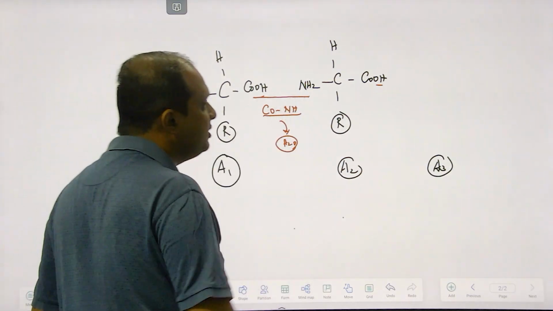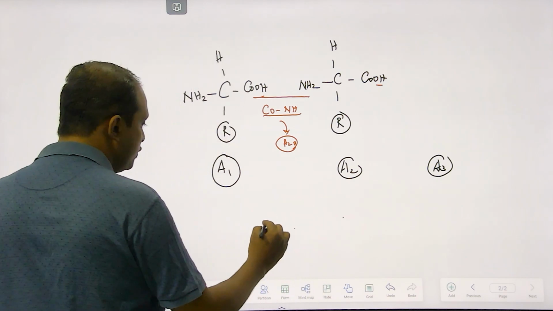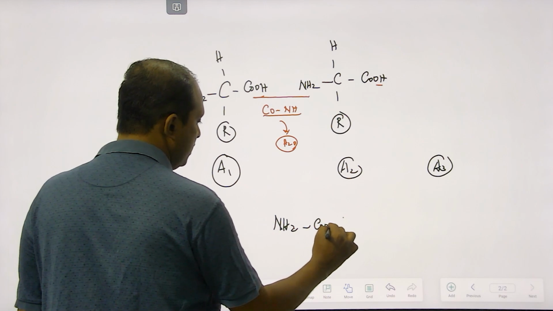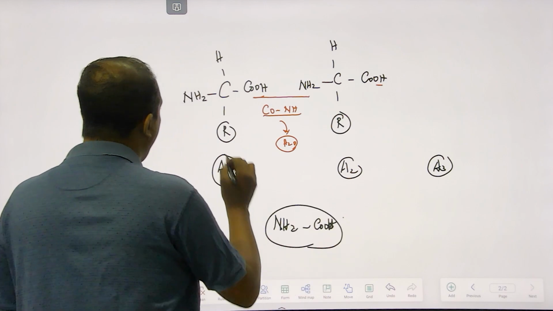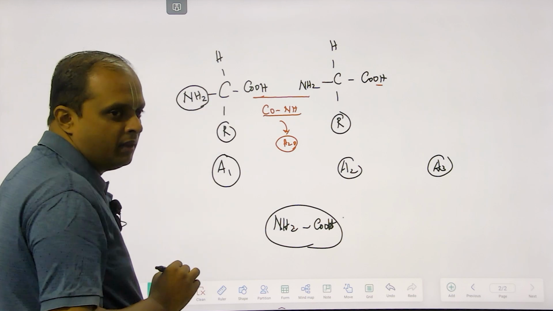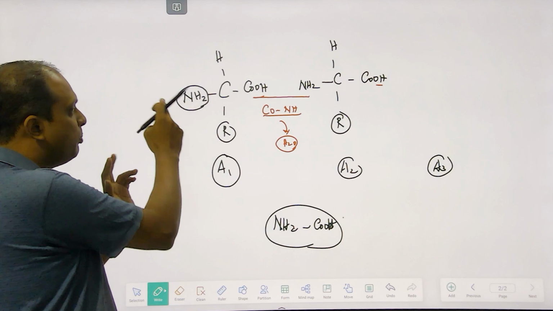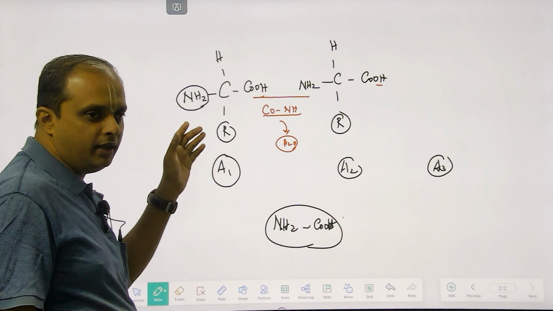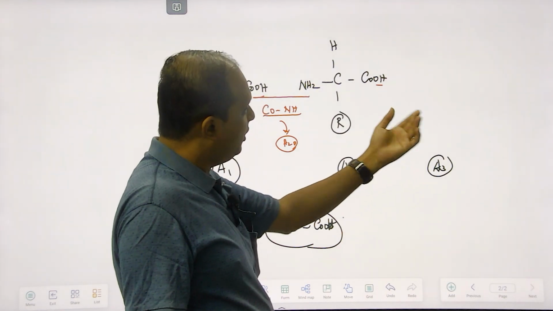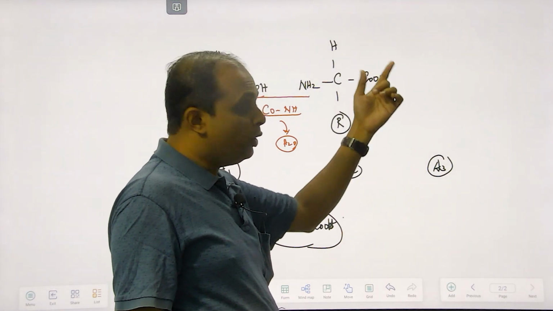When you have this series of amino acids linked, the bond is essentially happening between the amino group and the carboxy group. On one end the amino group is free, so if you add a prior amino acid, this NH2 is free to bond with the previous amino acid. If you add one more amino acid on the other end, the COOH can bond with the amino group of the next amino acid.